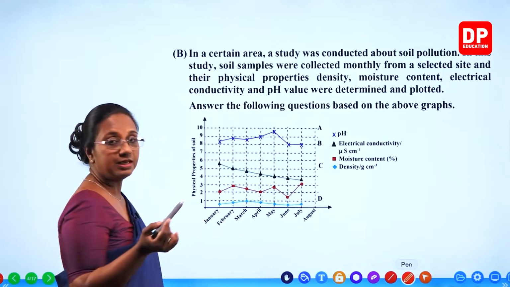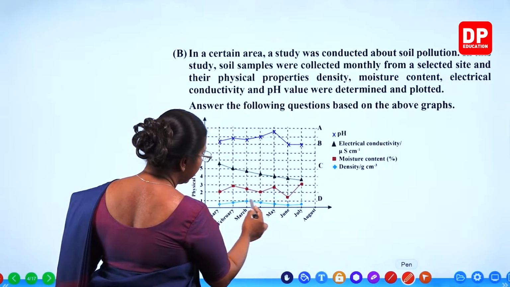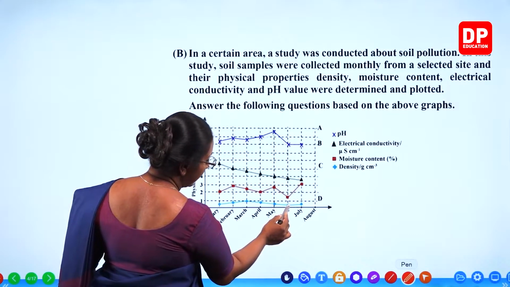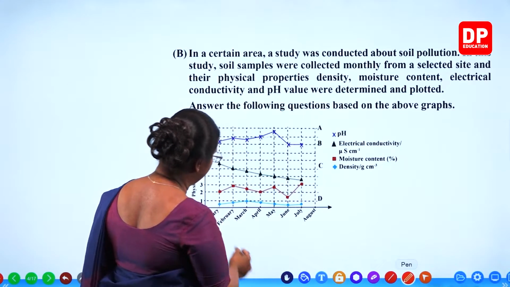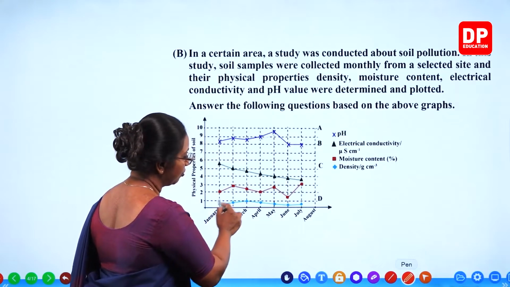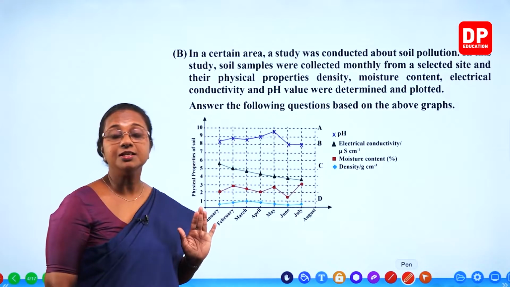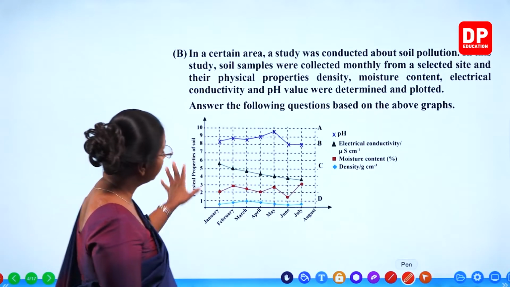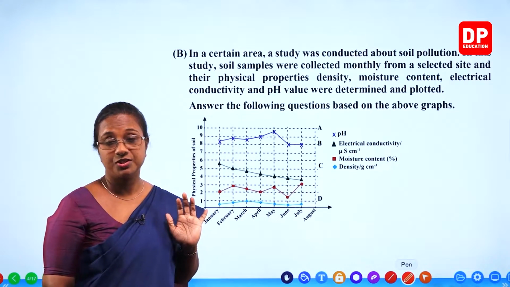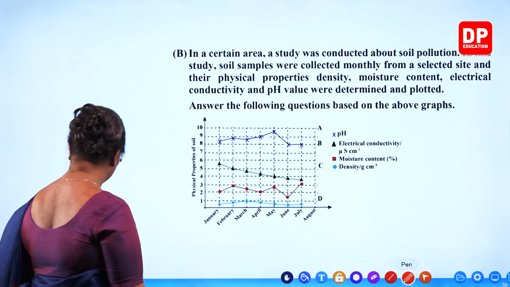Like that you can see the variation. Then you can see the last graph, density, again there is variation. In March it shows the highest value, and here June it is the low value, but it's not a very huge variation. Even January is somewhat low. There is a slight variation. Like that you can see all the changes. So you have to look at the change, you have to look at the units when you answer the questions. Is that clear, students? So with that, I'll move on to the questions.